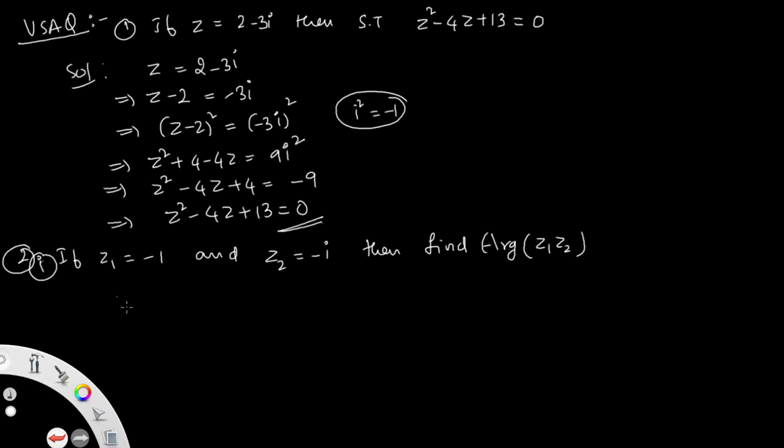So the values are simple, remember always: cis 0 is nothing but 1. Why? Because cos 0 plus i sin 0, it must be remembered. And cis pi by 2 equal to cos pi by 2 plus i sin pi by 2. Right formulas, learn perfectly.